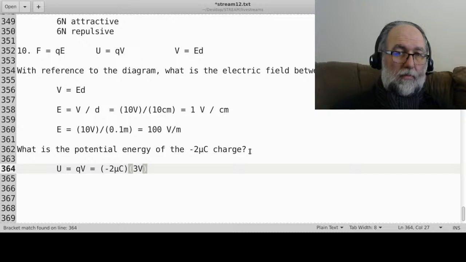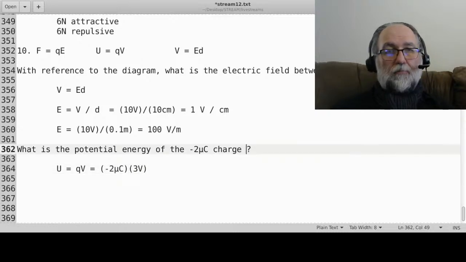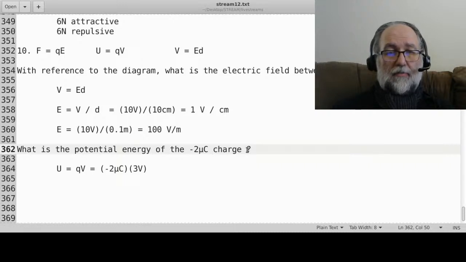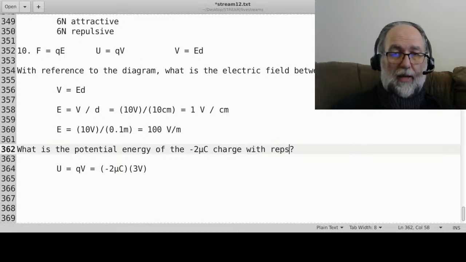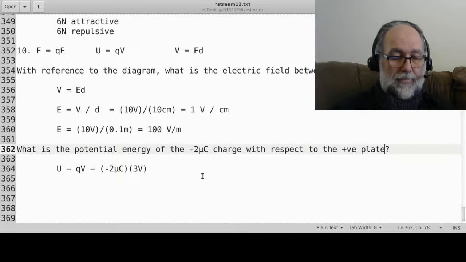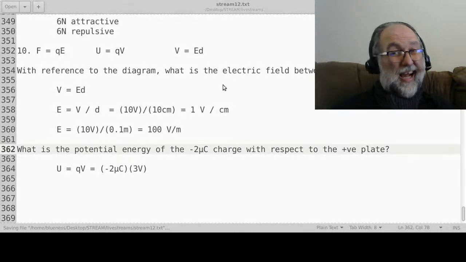Maybe just to be very clear, like on the test I'm clear, but right here right now, what is the potential energy with respect to the positive plate? Because it's not going to fall to the negative plate, it's going to fall to the positive plate.